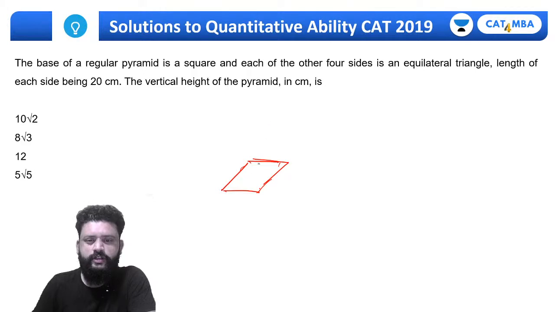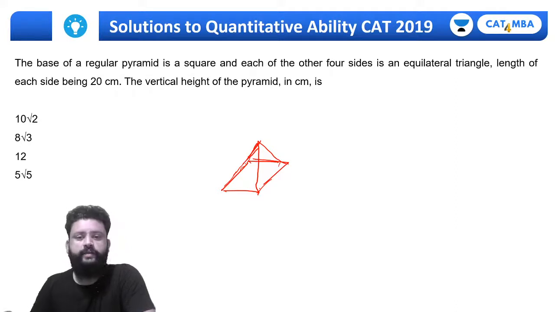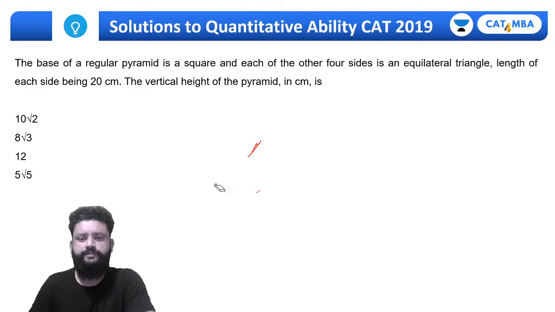Actually we need not draw the diagram as such. You can just imagine and solve. If you don't have any idea, you can look at this diagram and think about it. Something like this. Attempting, okay. Easy one, right?